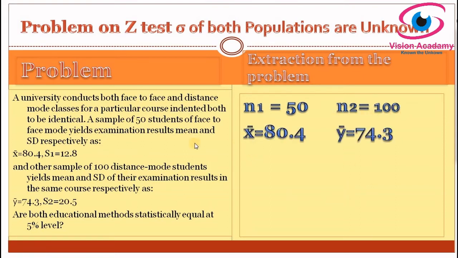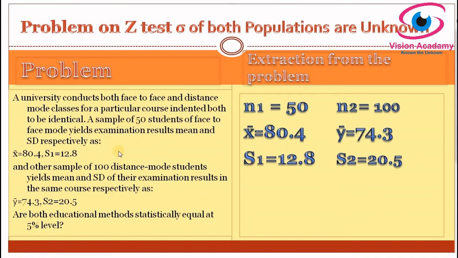Also we have the mean of face-to-face exam results and the mean of distance mode exam results. So x bar is the mean of face-to-face exam results, that's 80.4, and y bar is the mean of distance mode exam results, that is 74.3. Also we have the sample standard deviation of both forms of classes.